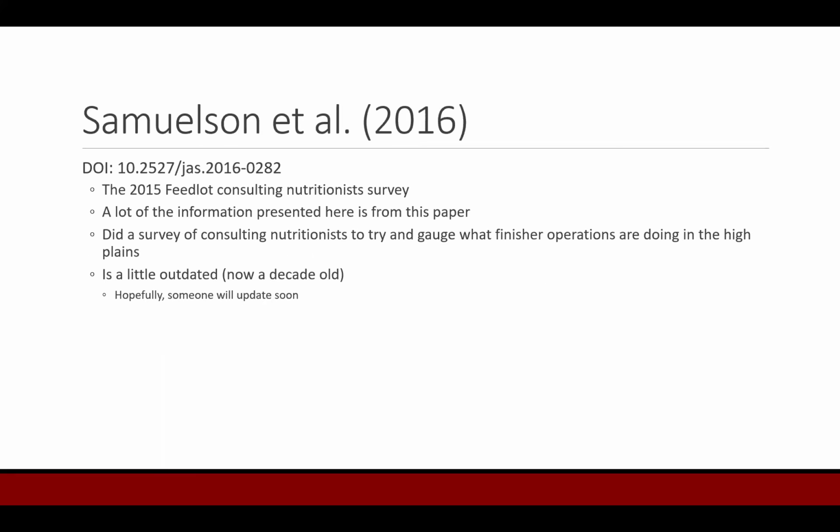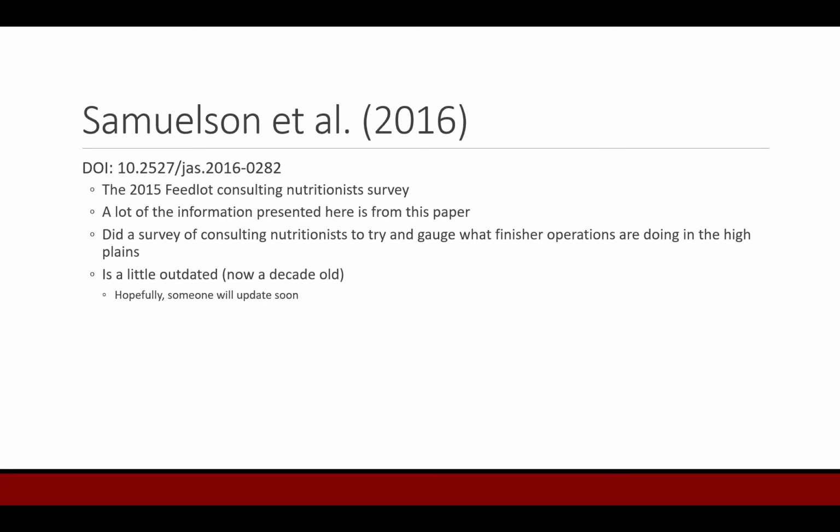A lot of the information I'm going to cover today will be from the most recent Feedlot Consulting Nutritionist Survey. This is Kendall Samuelson out of West Texas A&M, Dr. Gallion out of Texas Tech, Clint Loest out of New Mexico State, and others. They sent out a survey to consulting nutritionists operating mainly within the Southern Great Plains, so Texas, Oklahoma, Kansas, though these guys kind of operate everywhere.